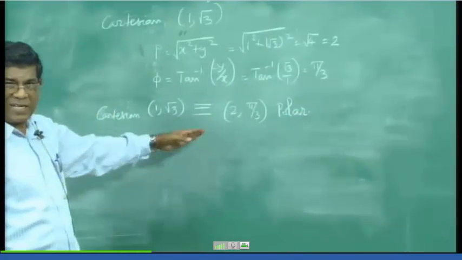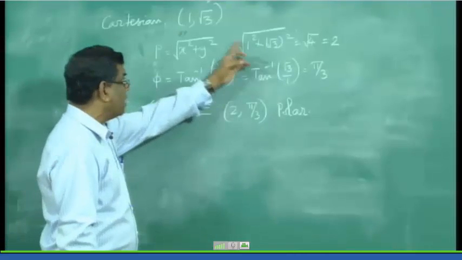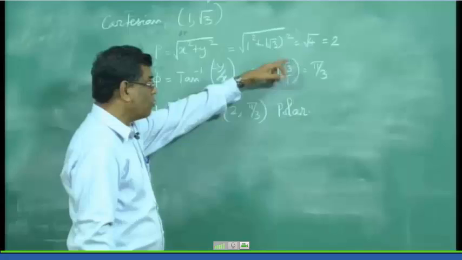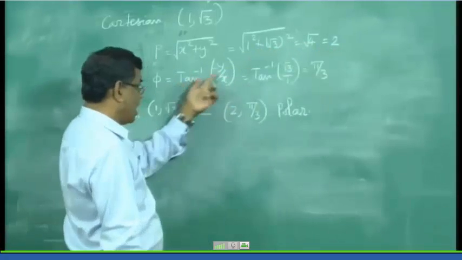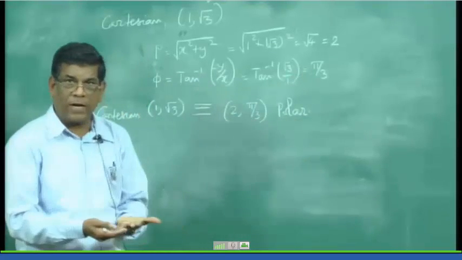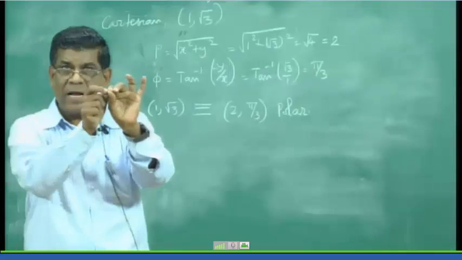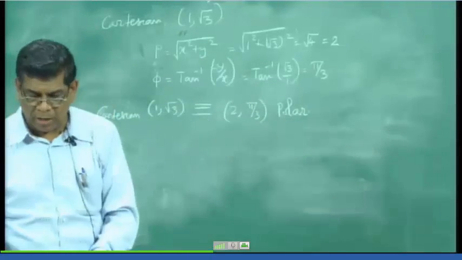They both represent the same point. So I know this, I am applying that x square plus y square: 3 plus 1 is 4, square root of 4 is 2. Similarly here root 3 by 1, that is pi by 3. So 2 comma pi by 3 is the corresponding same point represented in polar coordinates.